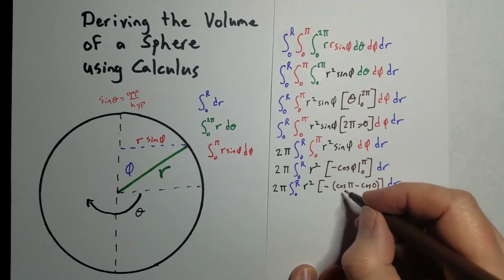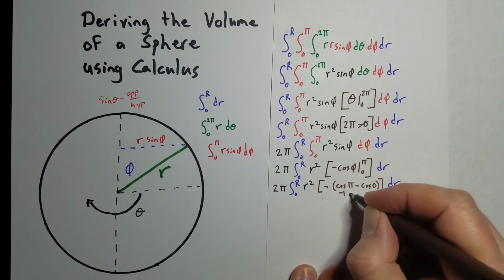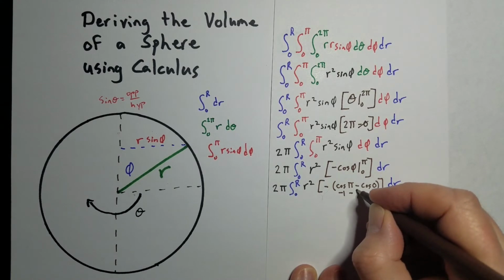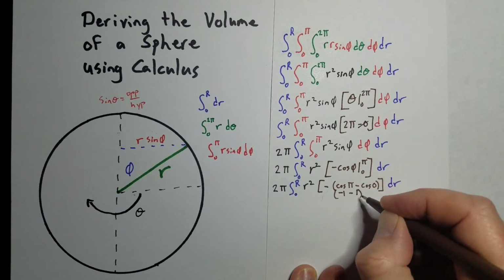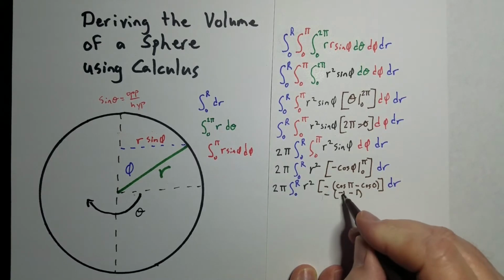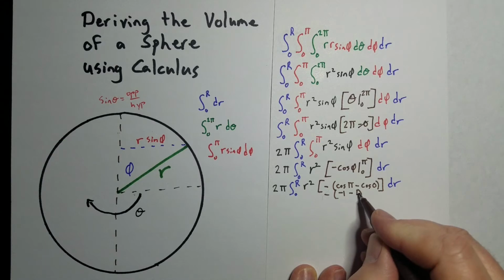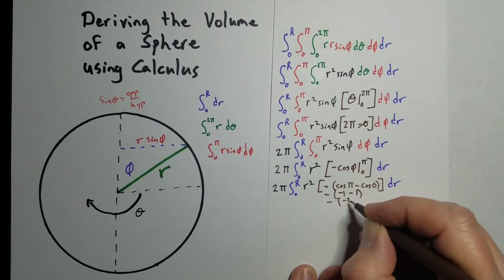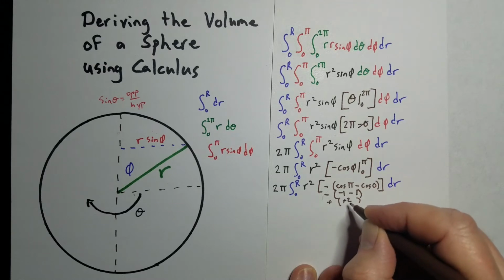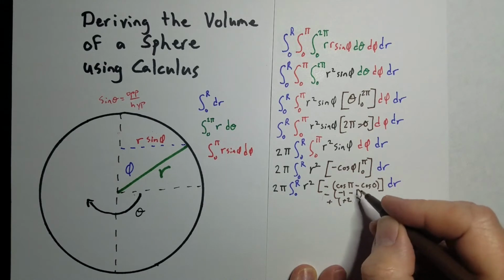Well, cosine of pi is minus 1. Cosine of 0 is 1. And that whole thing is multiplied by negative 1. So minus 1 minus 1 is minus 2. And this negative on the outside cancels out the negative. That whole thing ends up just being 2.